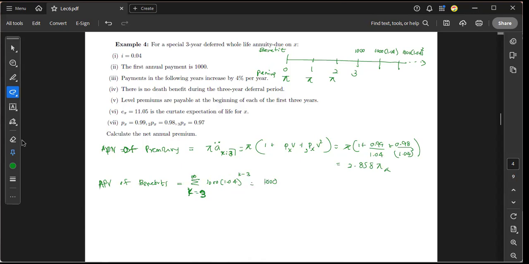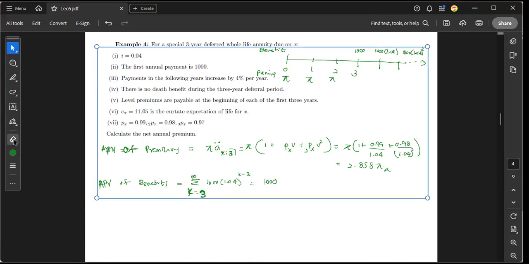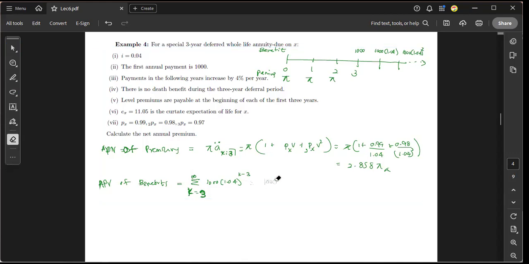So this is the payment amount. We have to discount it back by k, and the probability of surviving for k years is here. Now we can take 1000 back.